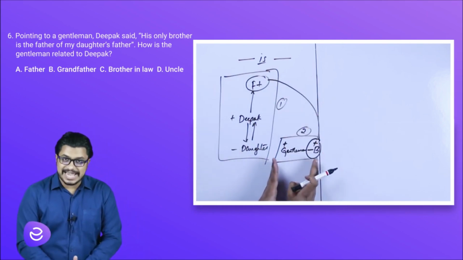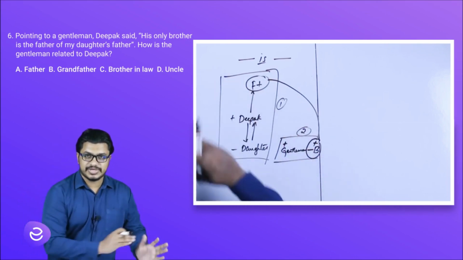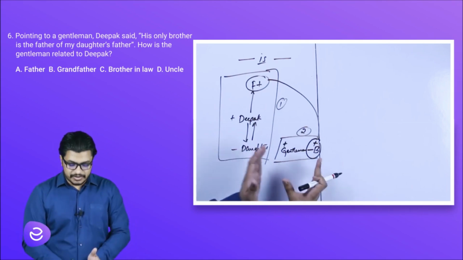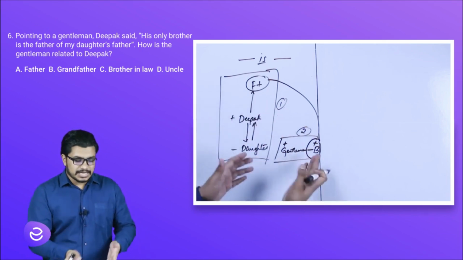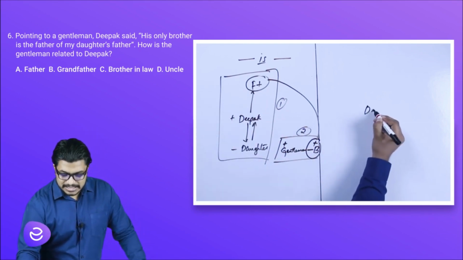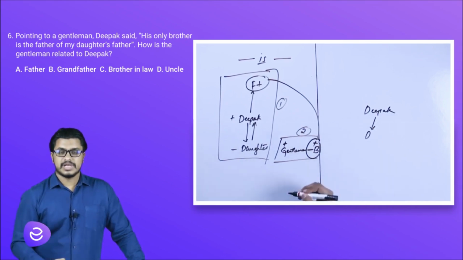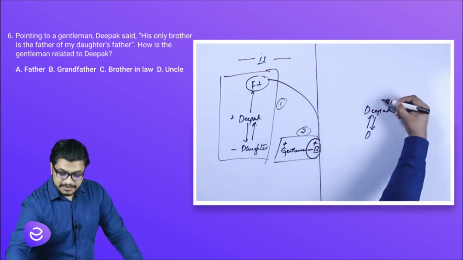So what we do is we take this diagram and bring it here. When we redraw, I'm repeating myself, you don't have to redraw, you just have to do rough work. But for your understanding, I'll redraw it here. We had Deepak, Deepak's daughter, the father of Deepak's daughter, then again a father relationship.